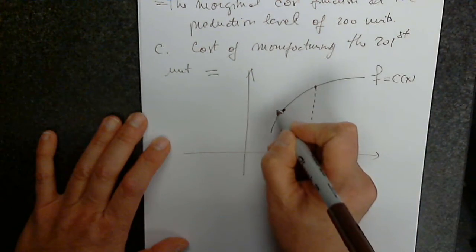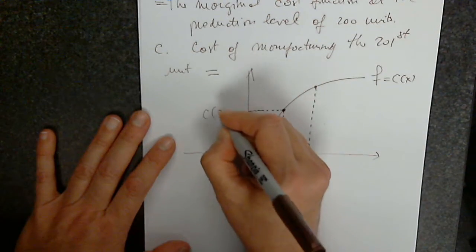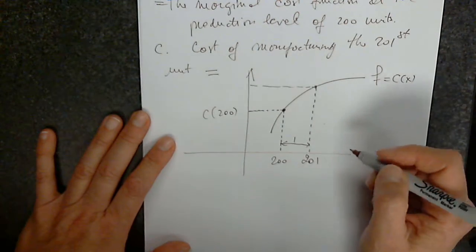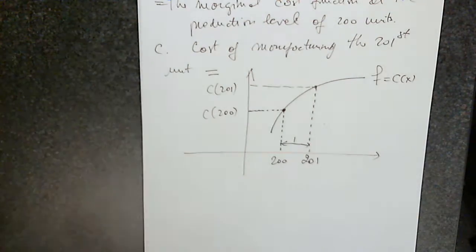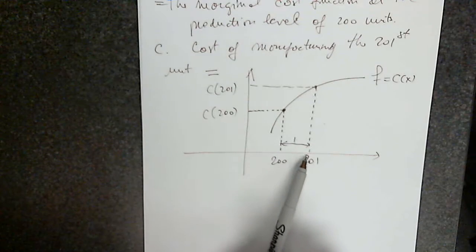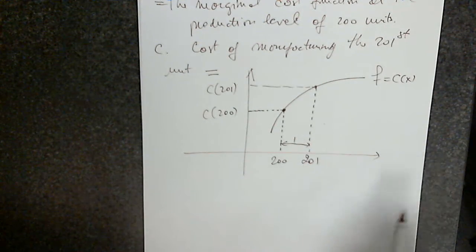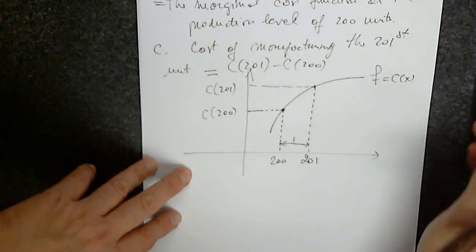Can anyone give us this value? Well, C of 200. Can anyone give us this value? Yeah. Right. So what will be the additional cost if I manufacture 201 instead of 200? So don't you subtract them? So this will be C of 201 minus C of 200.